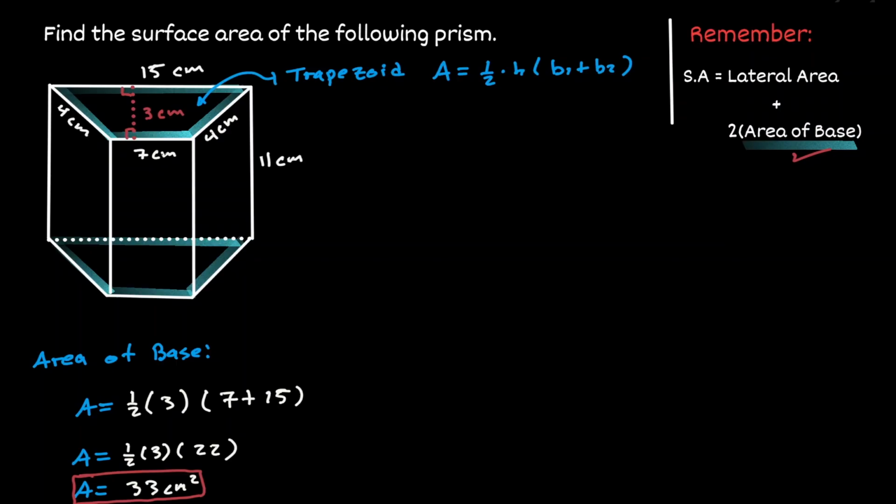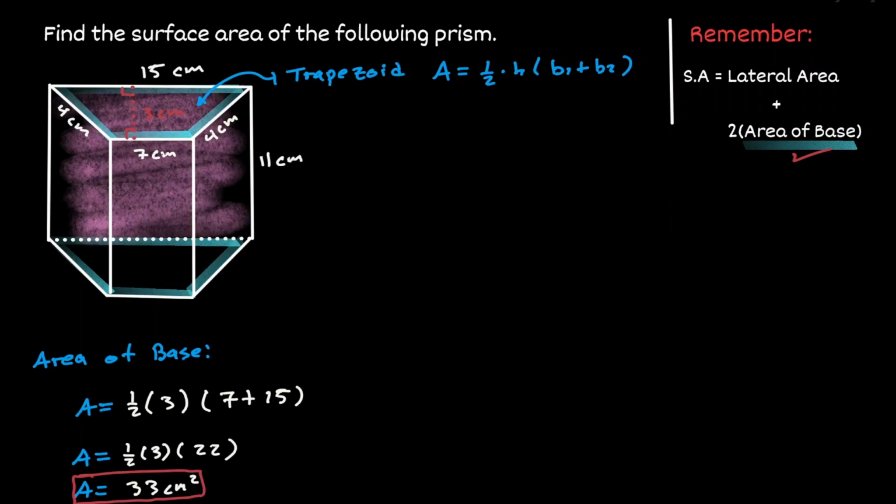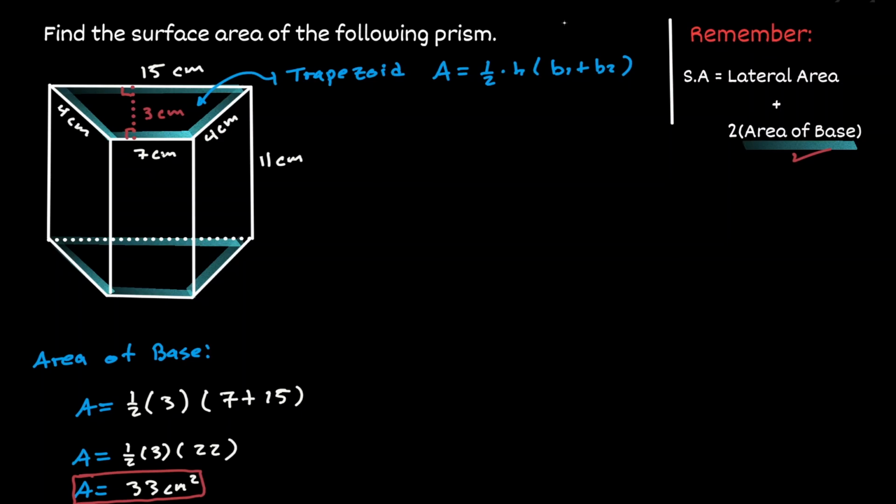Now let's think about how we can define the lateral area of this figure. Notice that this figure is surrounded by 4 different sections: the section on the left, the front, the right, and the back. To define the lateral area, we can find the area of each of those sections individually and add them up. But that's too long of a calculation.